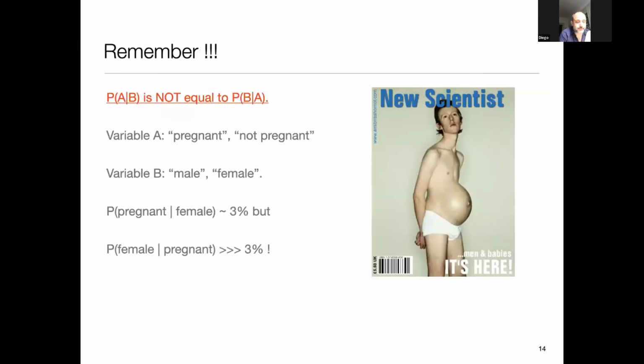Now here there is an important concept to remember. You have to really ensure that you understand that P of A given B is not equal to P of B given A. These two probabilities are different.